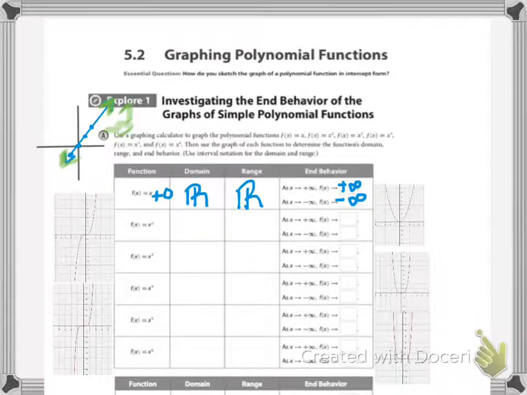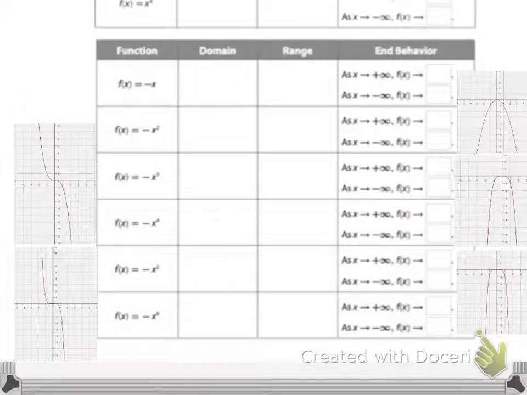Now, if I wanted to look at the graph of y equals negative x, that would look almost the same. It's the same line. It goes through the origin and all that. It's just that instead it has a negative 1 slope. It's like a reflection over the x-axis. So it would look like this. So in that bottom table here, the domain and the range are not changing at all.